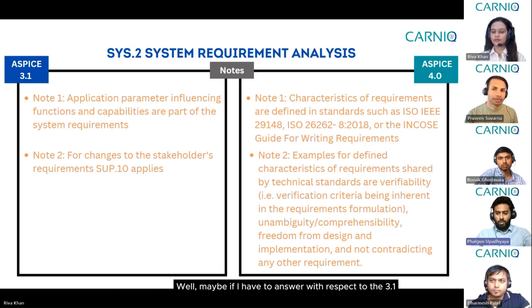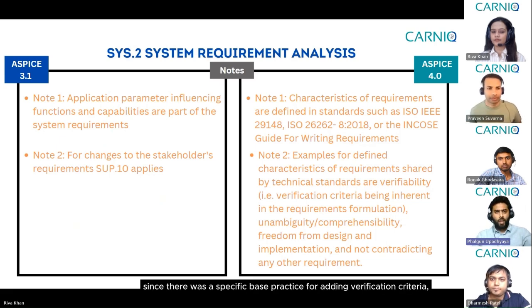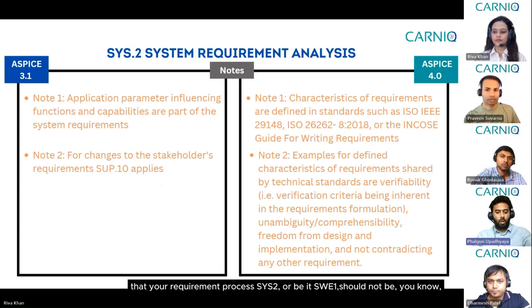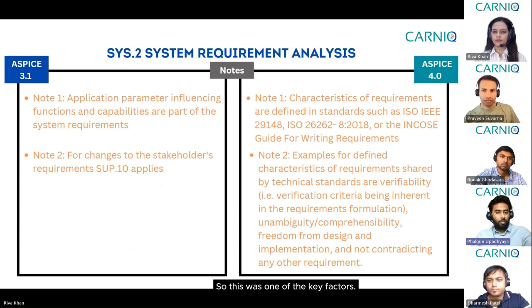Well, maybe if I have to answer with respect to 3.1, since there was a specific base practice for adding verification criteria, and also if you see the VDA guidelines, there is a guideline which says that your requirement process, SYS2 or SWE1, should not be rated fully if there is no textual description of verification criteria. So this was one of the key factors.